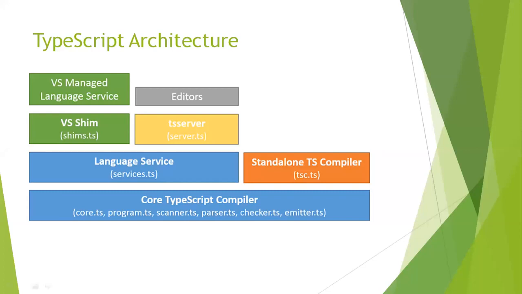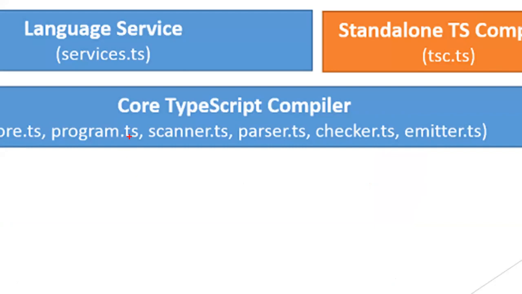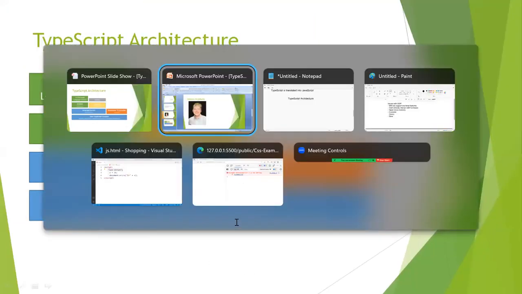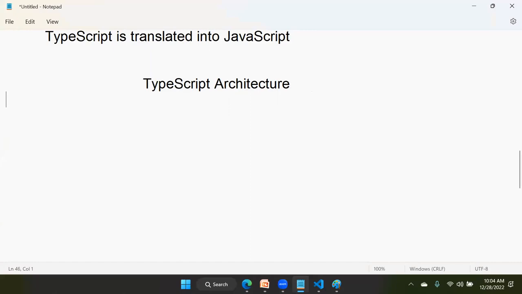At the bottom, you can see TypeScript has a core compiler. In the TypeScript architecture, we have a core compiler. Now tell me, as a developer, what is the role of a compiler?